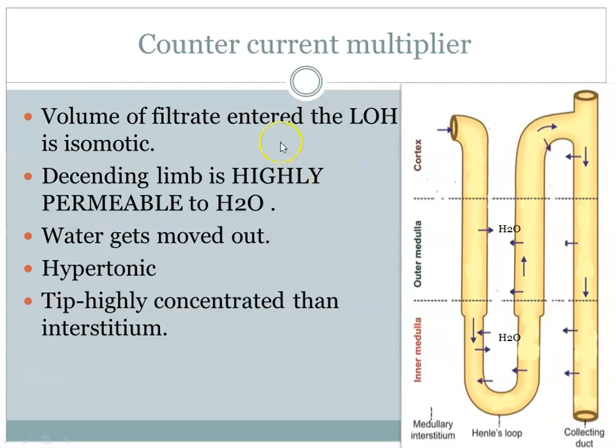Now you have to know what happened to the fluid present in the loop of Henle. The filtrate entering the loop of Henle is isoosmotic. Now the descending loop is highly permeable to water. I already told you it is highly permeable. The water moves out, so it becomes hyperosmotic. At the tip of the loop of Henle, it becomes more hyperosmotic when compared with the interstitium. Now this ascending loop is impermeable to water and permeable to solutes.